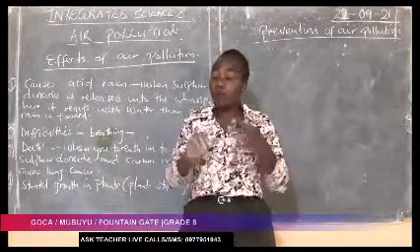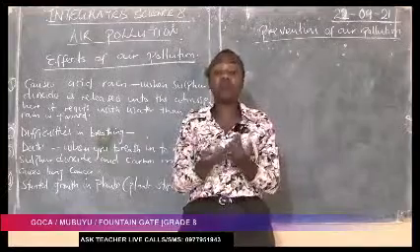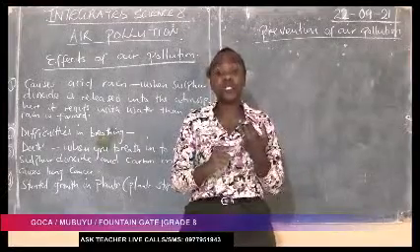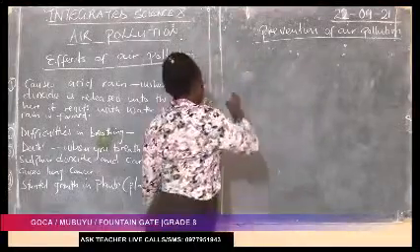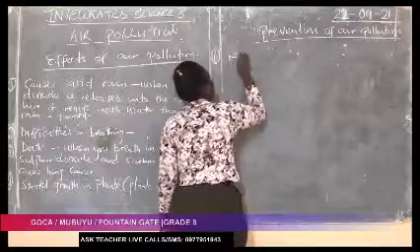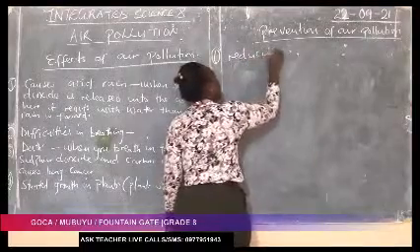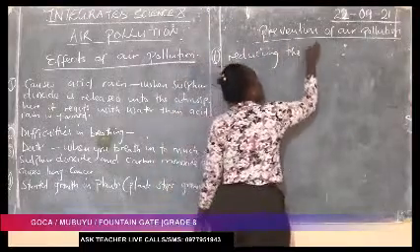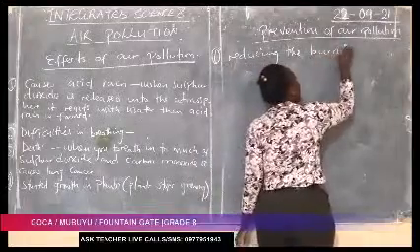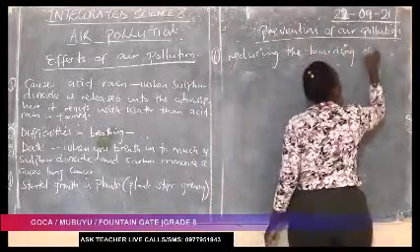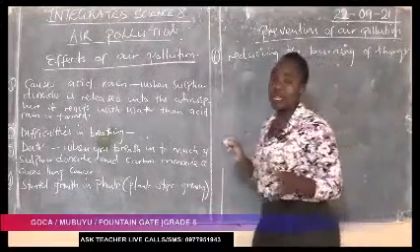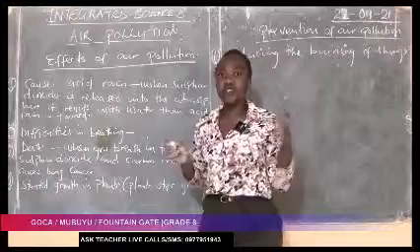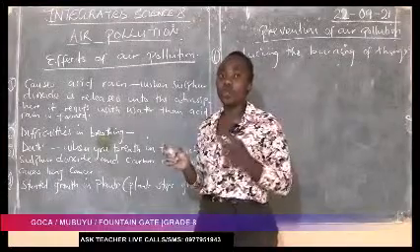Okay, so the ways you can prevent this air pollution, one is by reducing the burning of things. So the moment you reduce things that you burn, what have you done? You have reduced on air pollution.